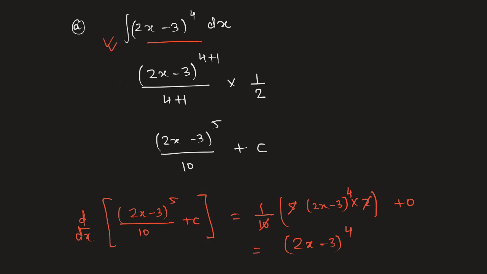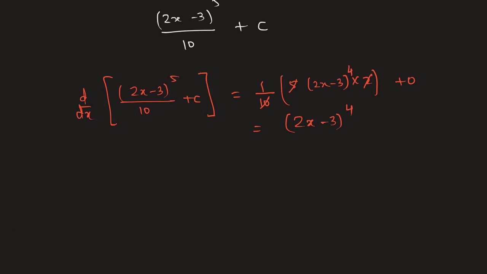Okay, now let's look at one more example. Let's suppose we have something similar to this, 20 divided by (1 minus 4x) to the power 6 dx. Okay, now how to integrate this part?